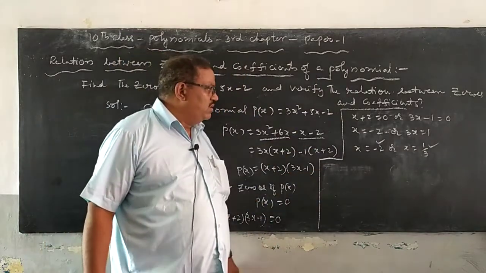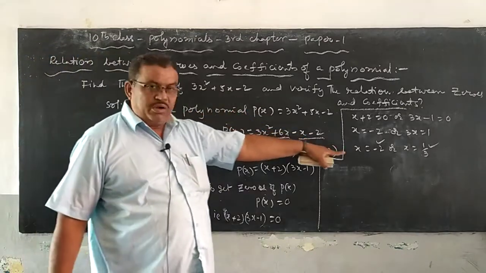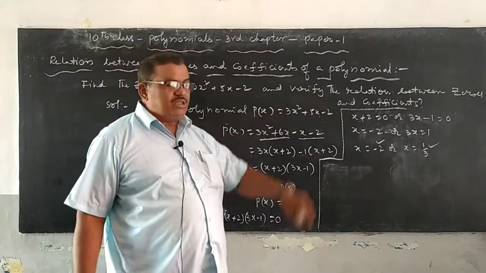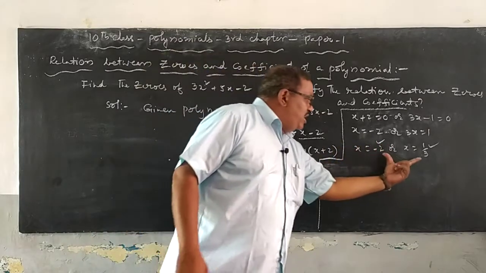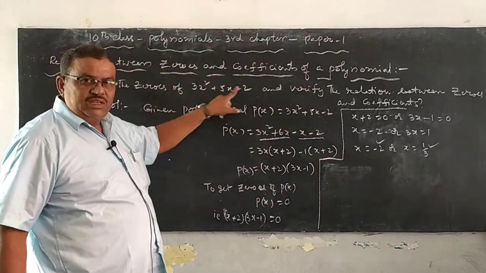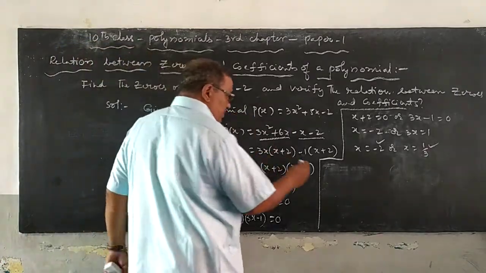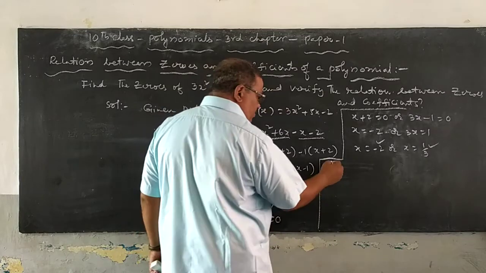These are the zeros. So, first, as given in the problem, we found the zeros of the given polynomial, and now we verify the relationship between them. Is there any relationship between the zeros and the coefficients of the polynomial? We have to verify here. Once again see, first I have to find the sum of zeros.